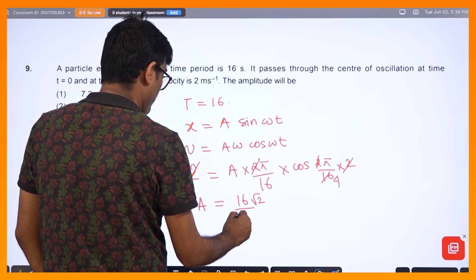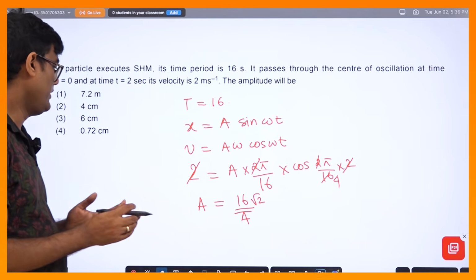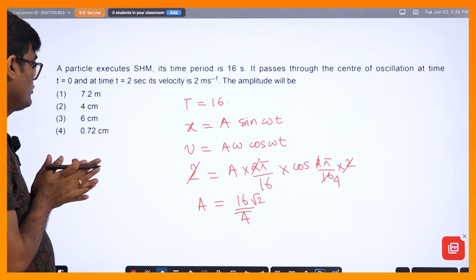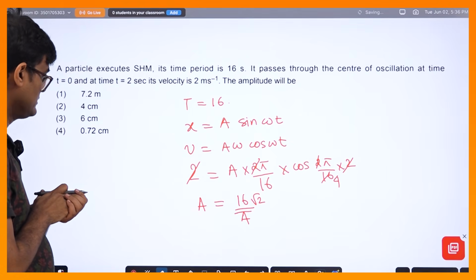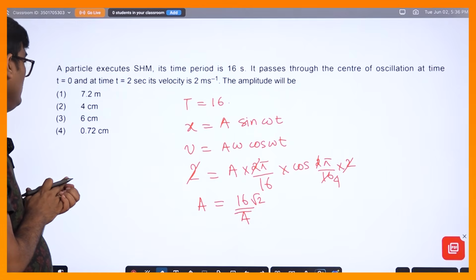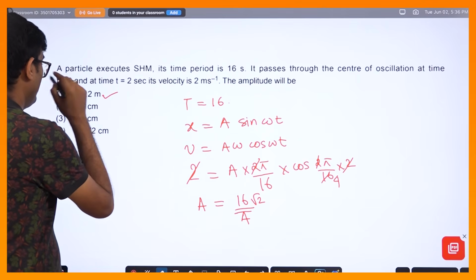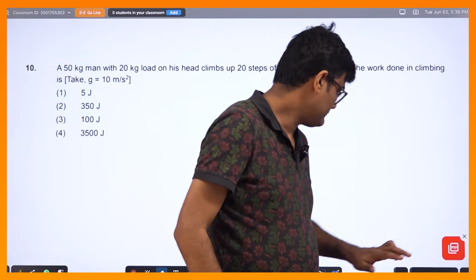So if you assume pi is 3.14 and root 2 is 1.4, it's near about 7.2 meter, right? Let's move to the next question.